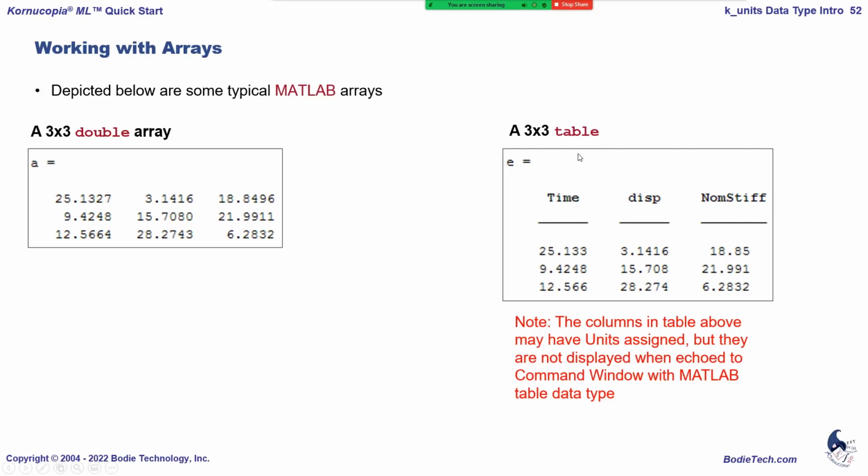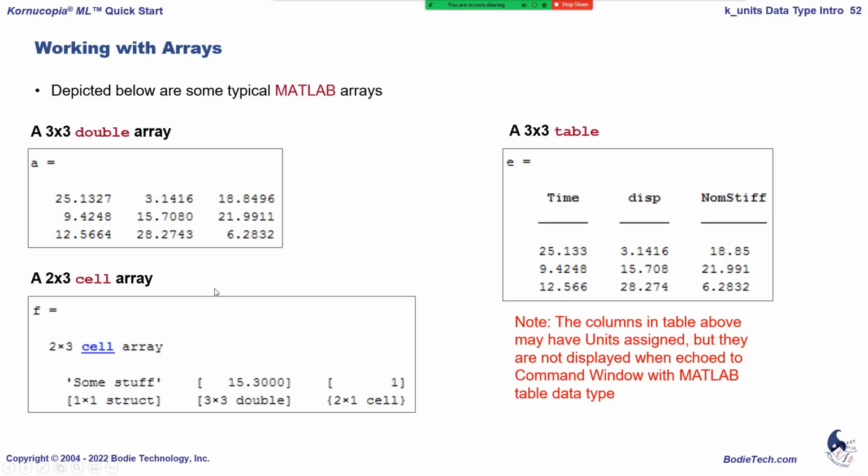But if there were units in the table, which you can define, they're not meaningful. They're just things. MATLAB will not echo them to the screen. And if you open this variable up in the MATLAB editor, it won't freely show you the variable units either. You have to right-click specially in the right spot to see them. The point being, MATLAB views that as not super important, but does show you column names and the data.